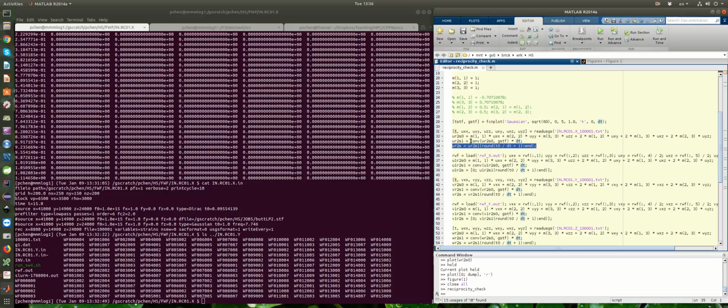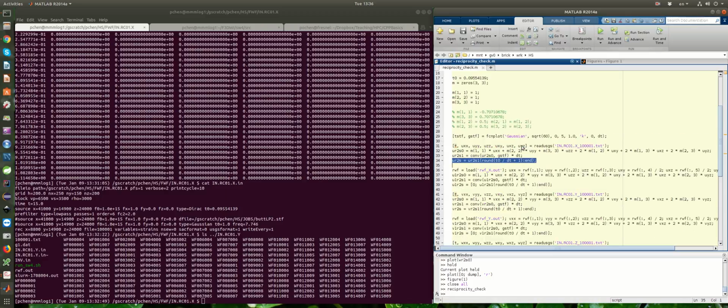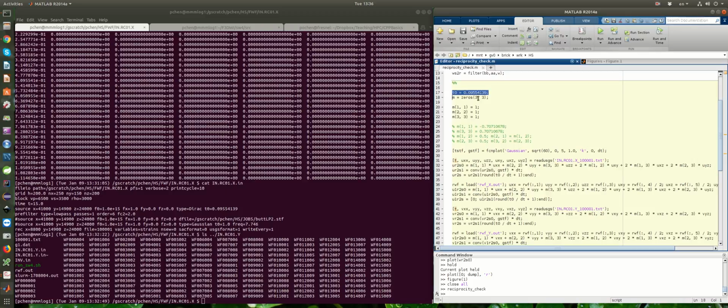But this line is just for getting the shift right, because the Green's function was shifted by 3 time steps here. That's shifted to the back, delayed by this much, so I have to advance it by this much.